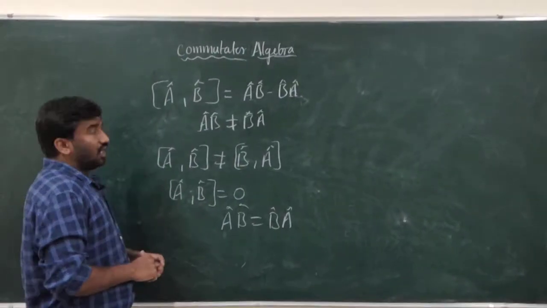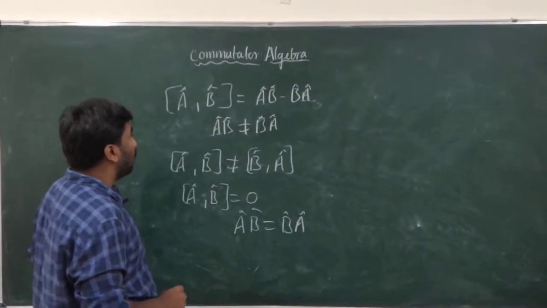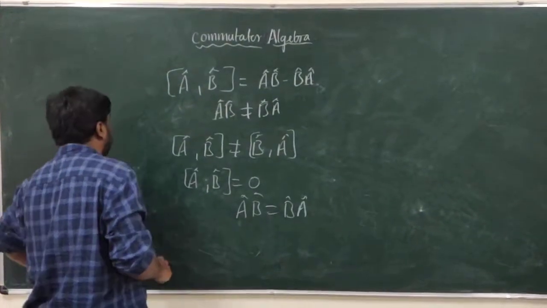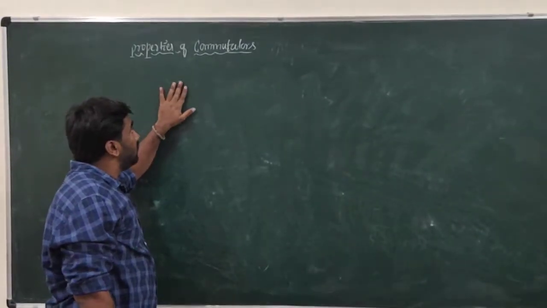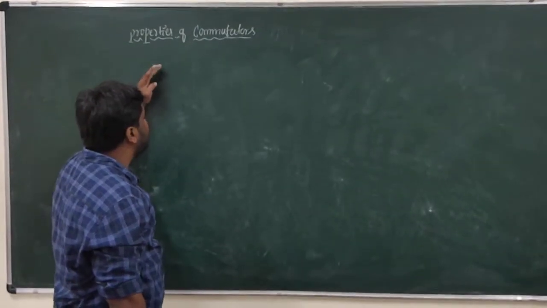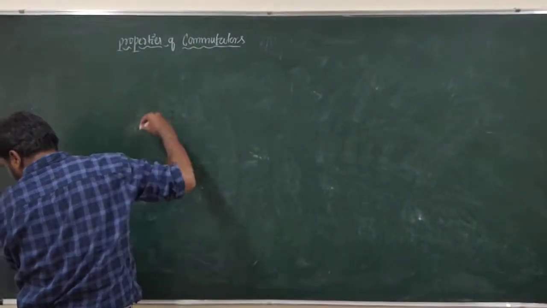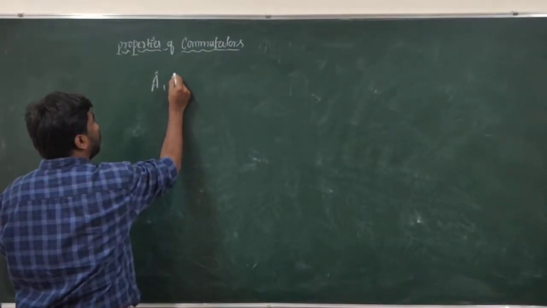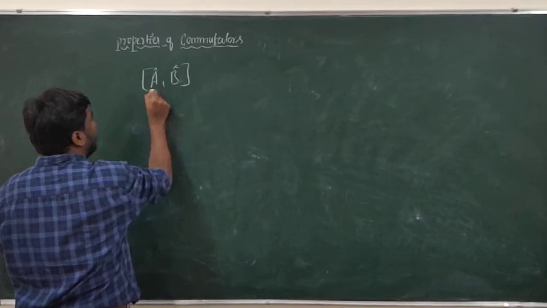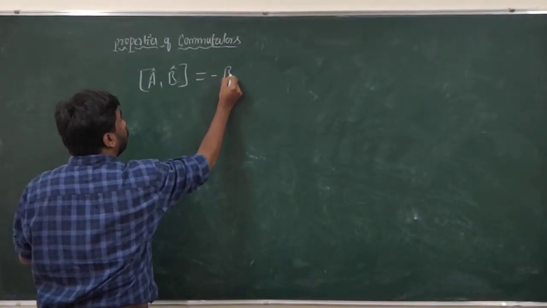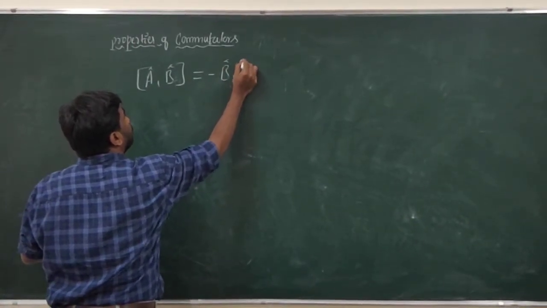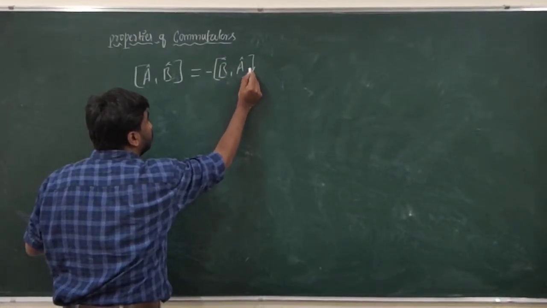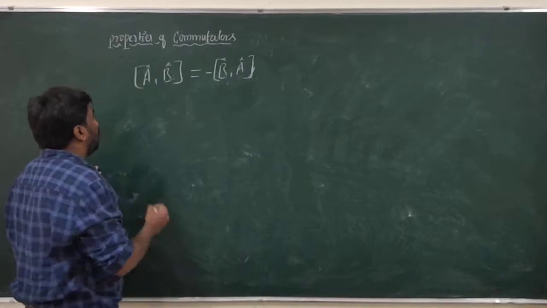Okay, let us see some more properties of these commutator operators. So these commutators are antisymmetric with each other, that is [A, B] is equal to minus [B, A], the antisymmetric property. Next, linear property.